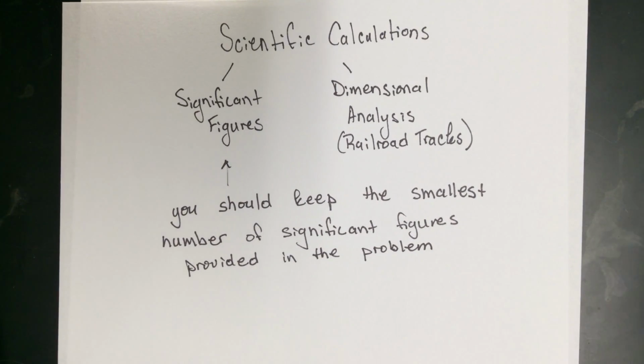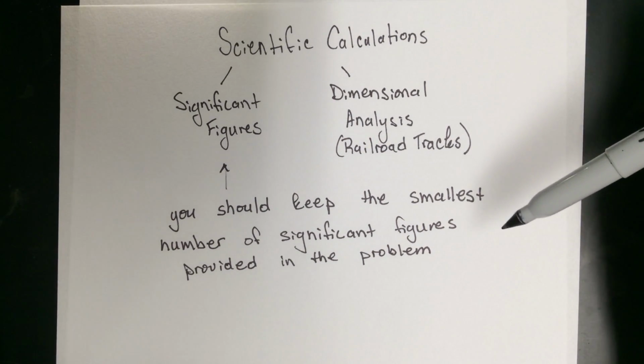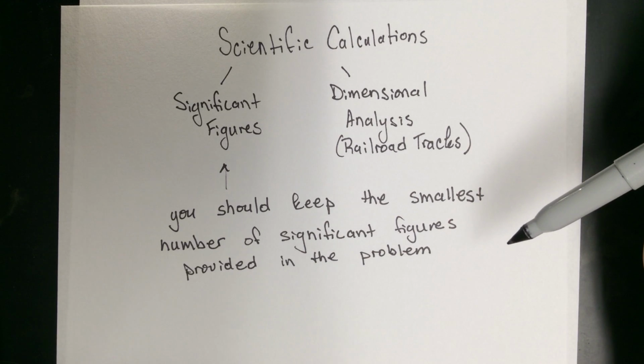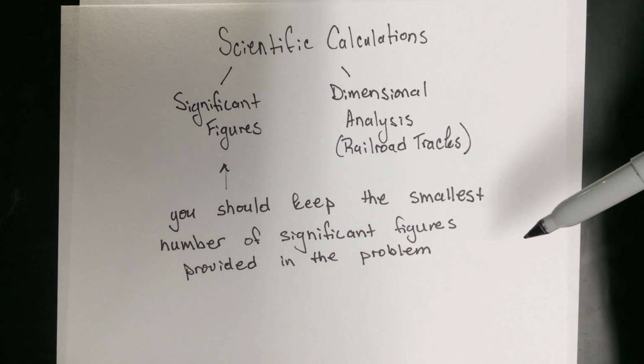So what this means is that regardless of what your answer comes out as in your calculator, you're going to need to round it to an appropriate number of significant figures.